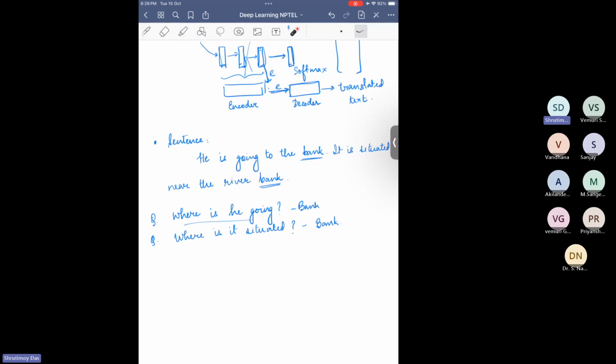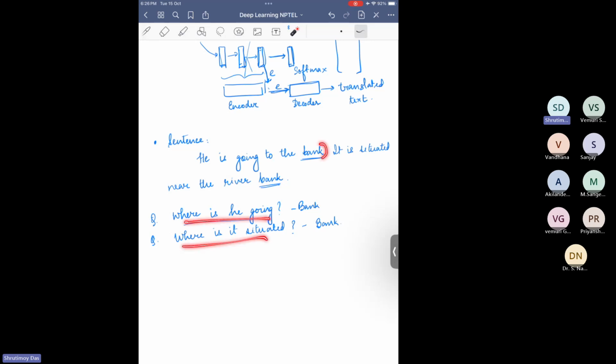Now both of these banks have the same spelling, but the network should know which thing you're talking about, which word should be given more importance. When it is looking at this whole thing as an input, for the first question, this part does not make much of a difference, so you don't have to pay much attention to it.